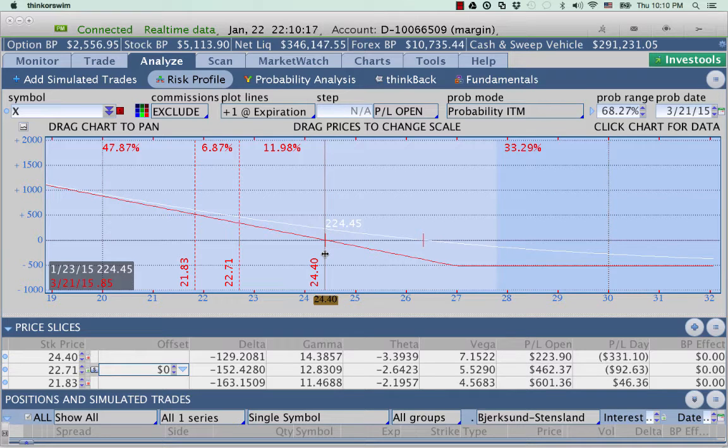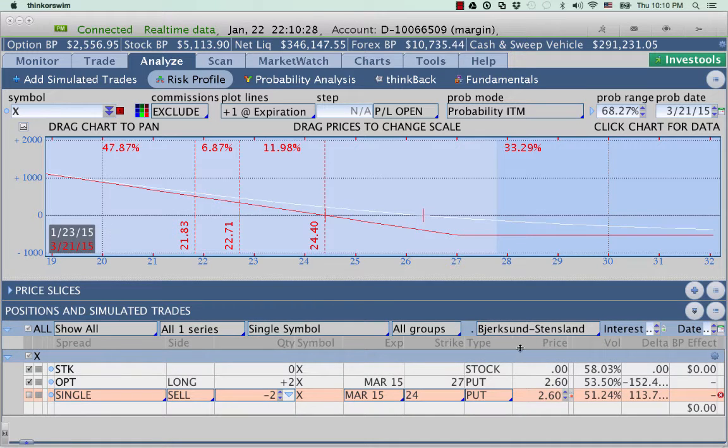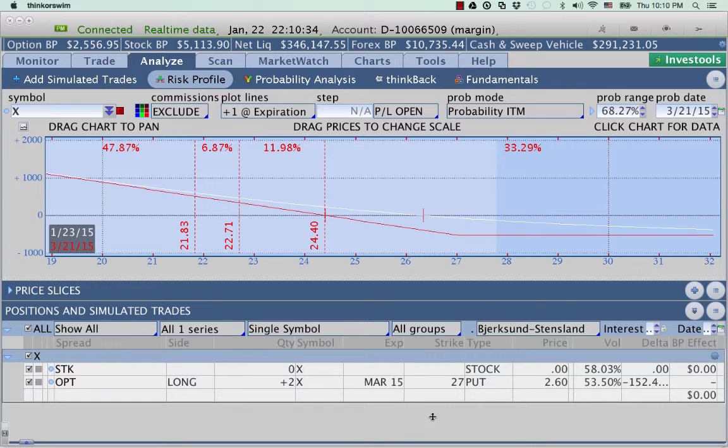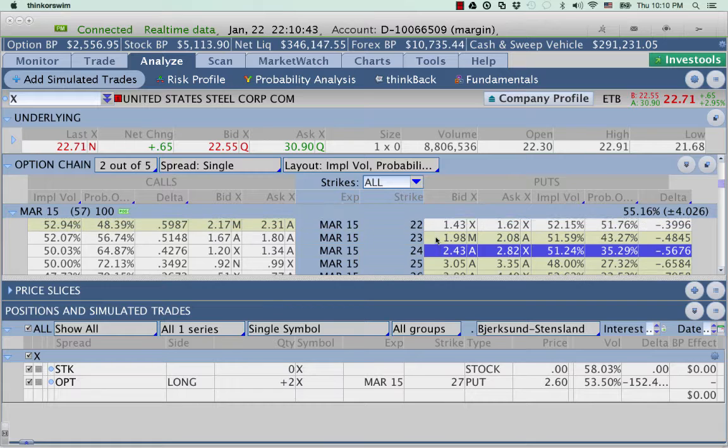And so what I'm going to do is show you how to make an adjustment here to completely eliminate the risk. Now, if we look back at what we paid for the trade originally, we paid $2.60 for $27 puts. So I've already got the trade in there, $27 puts paid for $2.60. So I'm going to add a simulated trade. Here's the March options, same month.